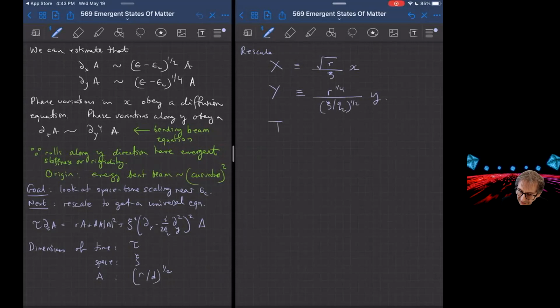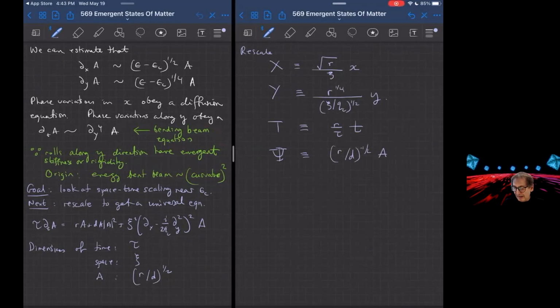Capital T for time is r over tau times t. These powers of r come from the scaling on the previous page, and my new dimensionless order parameter or amplitude is r over d to the minus 1/2 times a.